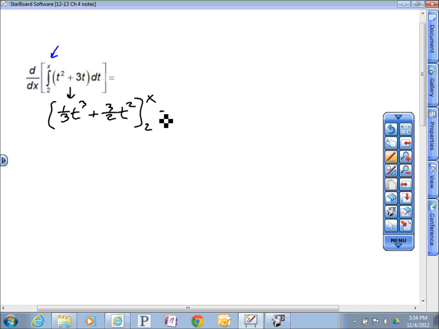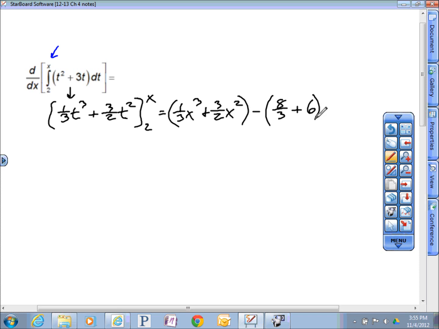So if I did that, I would have 1/3 x cubed plus 3/2 x squared, minus 1/3 times 2 cubed, which would be 8/3, plus 3/2 times 2 squared, 3/2 times 4, which would be a 6. And now we could go through and simplify and see what we got.